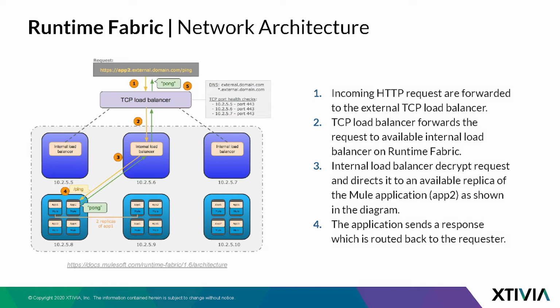Once we pass all those rules, the request will reach the TCP external load balancer, which will route to the internal load balancer. From there, the request will be directed to the active worker nodes based on different algorithm mechanisms. There are two different types of algorithms: dedicated node and shared node.